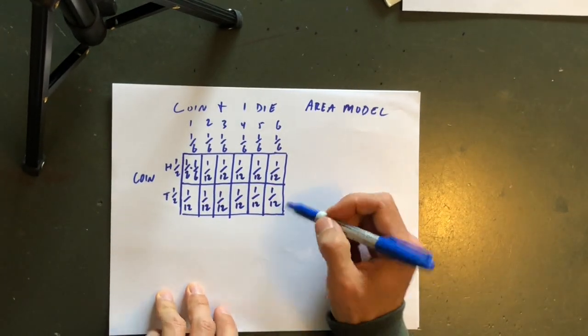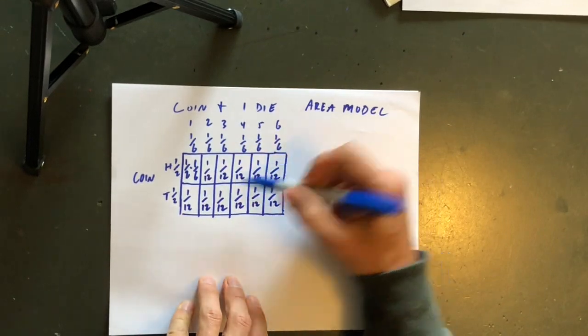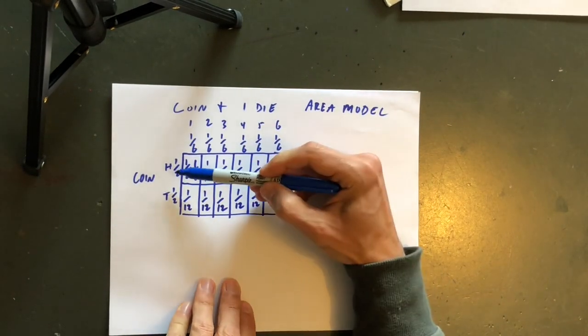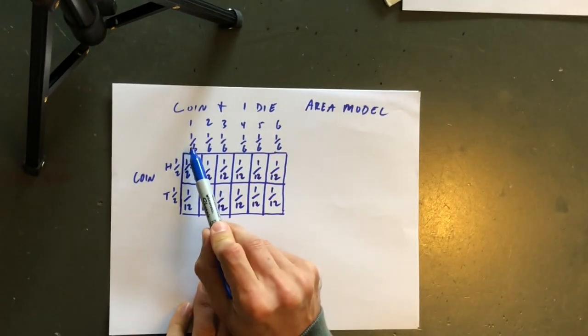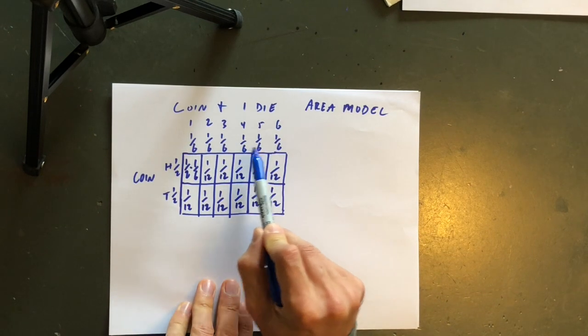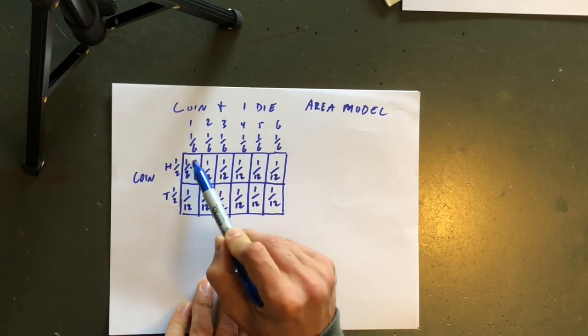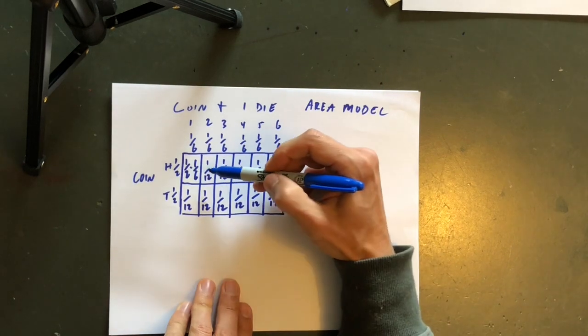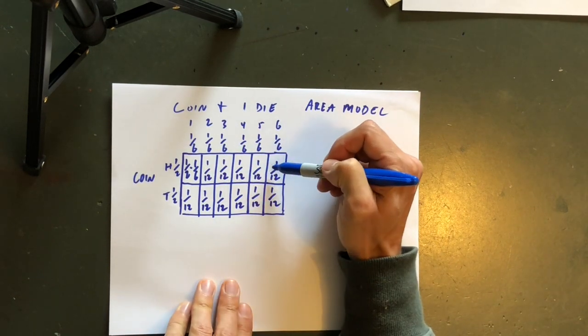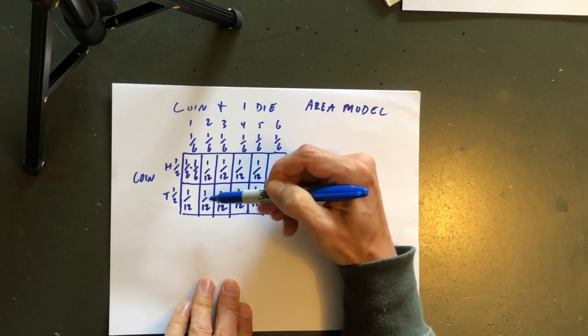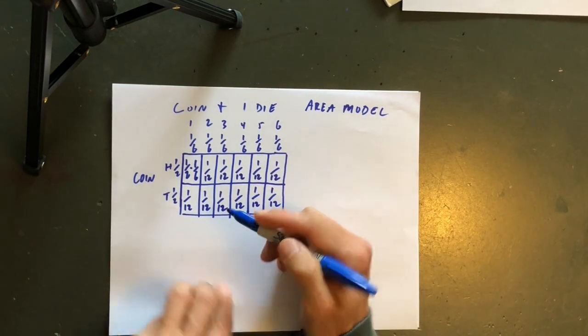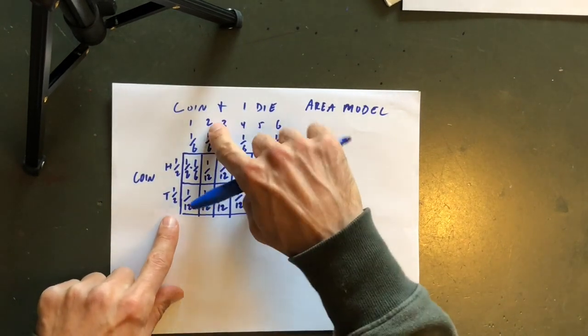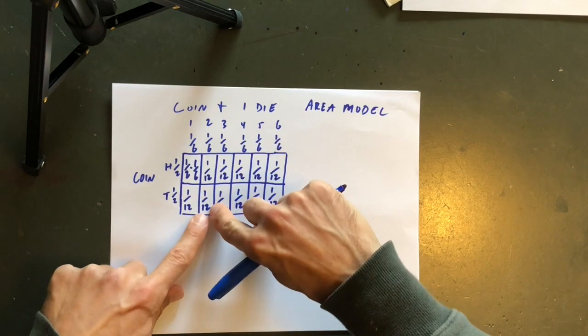So here, this whole area ends up being 1 because here's 1/2 and 1/2, which is 1. All these sixths added together will be equal to 1, so it's 1 times 1. So this whole area of this rectangle is 1. But each of these little sections in here are the probability of rolling, say, a 2 and then getting, say, tails. It's a 12th.